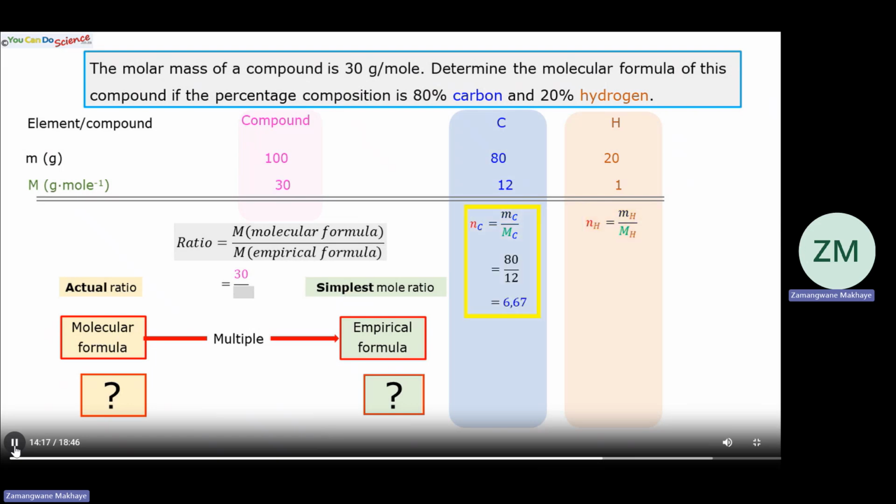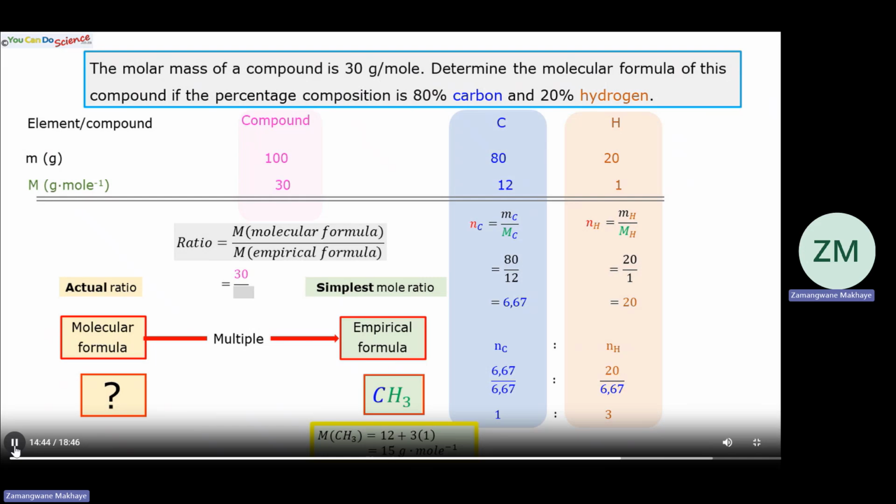Calculate the number of mole carbon and the number of mole hydrogen. To get the whole number mole ratio, the numbers of mole are divided by the smallest mole number. The empirical formula is 1 carbon atom and 3 hydrogen atoms.